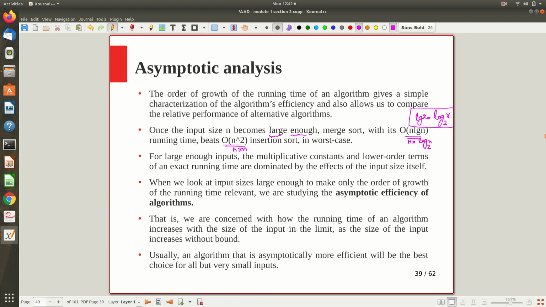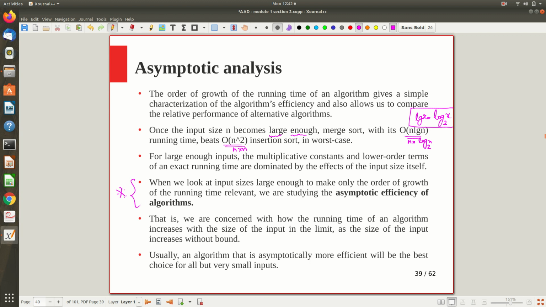So when we look at input sizes that are large enough to make only the order of growth of running time relevant, when we focus only on order of growth and parallelly assume some large input size, then the type of analysis I am doing is asymptotic analysis.